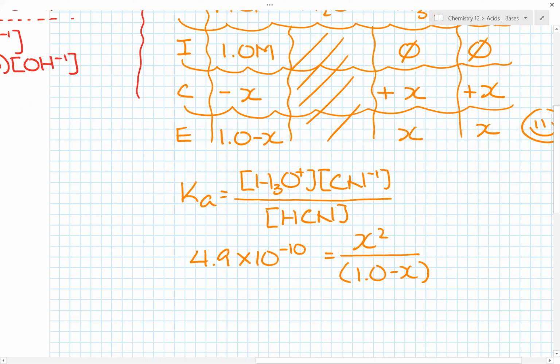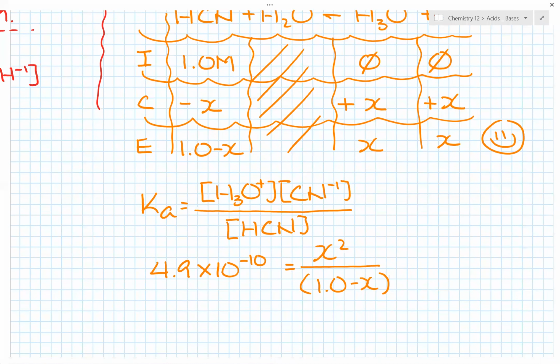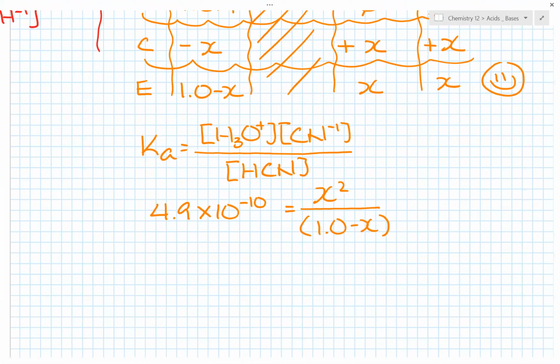Now, you can do quadratic. For those of you planning to take AP, you should know how to solve this equation using quadratic. But for regular Chem 12, you can rest assured that this minus X you can ignore. So then 4.9 times 10 to the negative 10 is equal to X squared over 1.0.